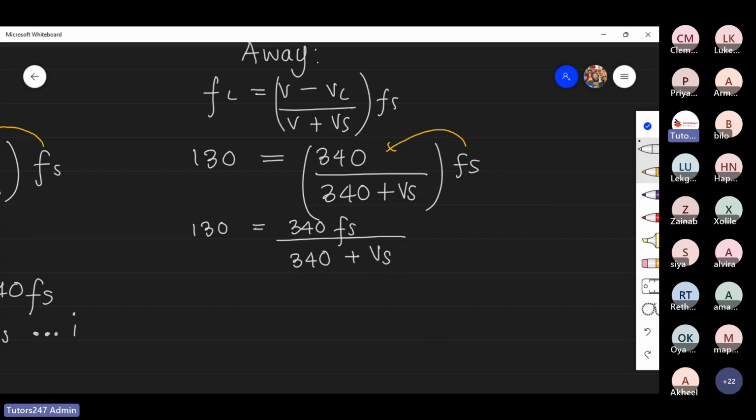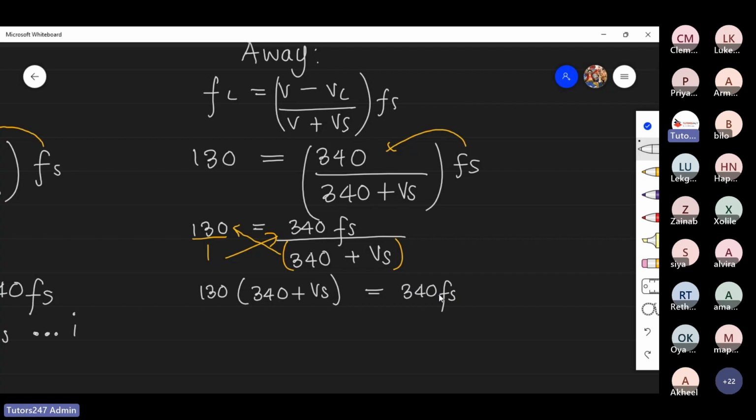From there, this is going to be considered one thing. So I'm going to multiply this with 130. I know my 130 is over 1, so I'm going to multiply that with the right side. All I'm doing is a basic cross multiplication. So we then have 130 times 340 plus Vs, which is equal to 340 Fs.